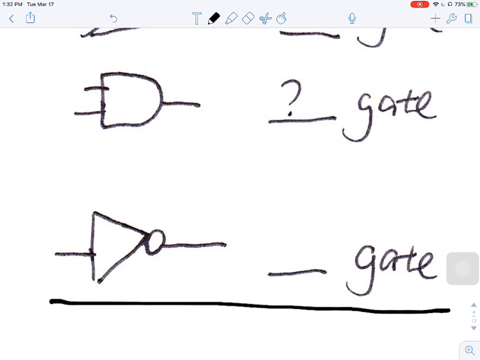By the way, don't confuse this with a comparator. This has nothing to do with a comparator. They look pretty similar, they all have the triangle shape. But this is an inverter, or you can call it a NOT gate. So it inverts everything. If you have 0, it will give you 1. If you have 1, it gives you 0.